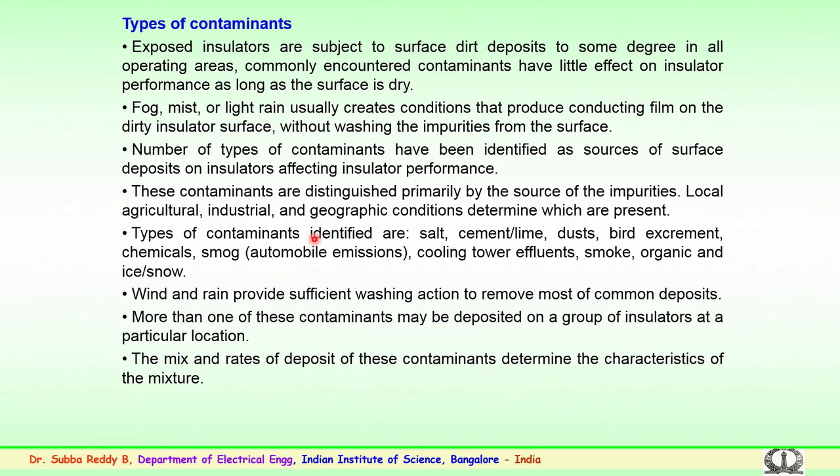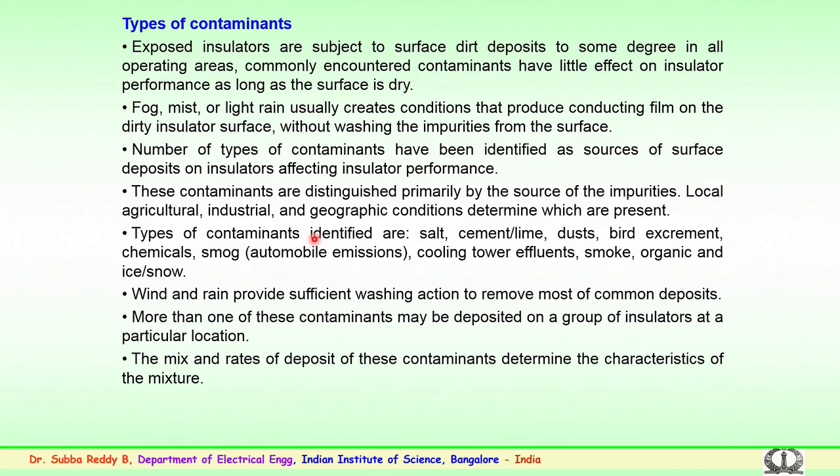Types of contaminants. This is an important point: how the contaminants or pollutants get settled. What are the various types of contaminants which the utilities face, with which insulators get contaminated?